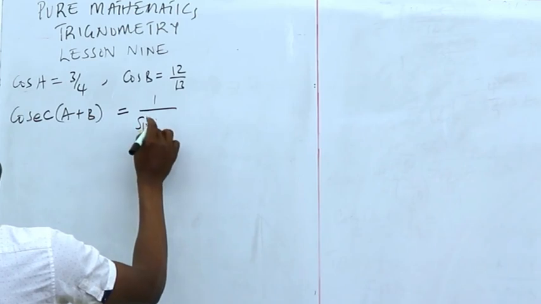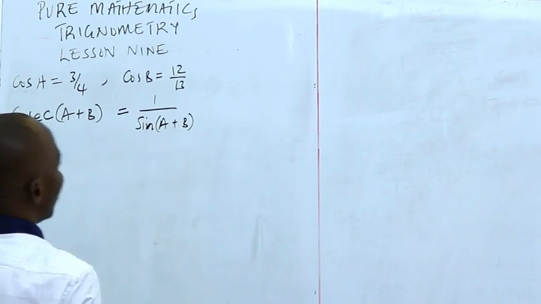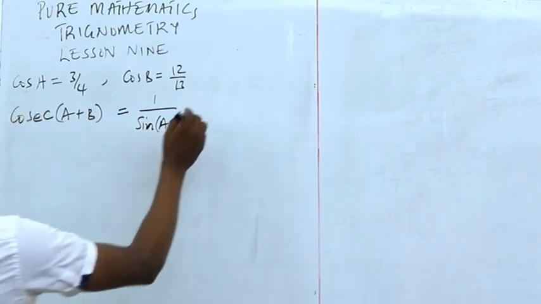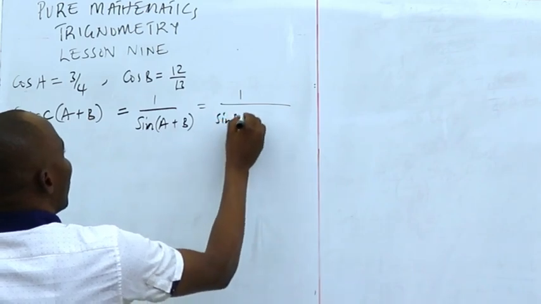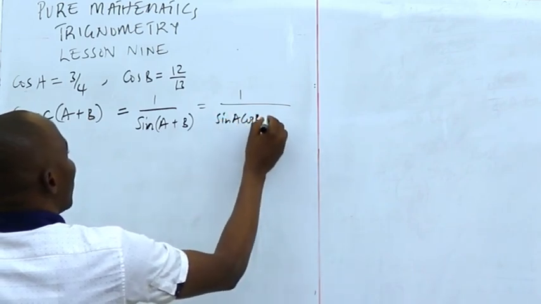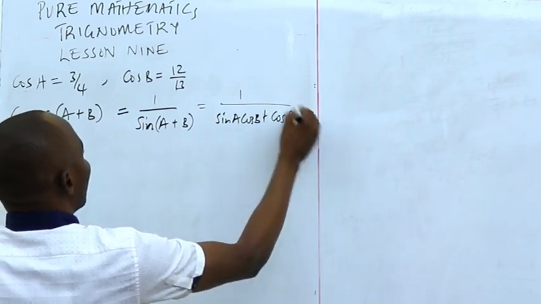So it will be 1 over sine of A plus B. But remember, this one is 1 over sine A cos B plus cos A sine B.